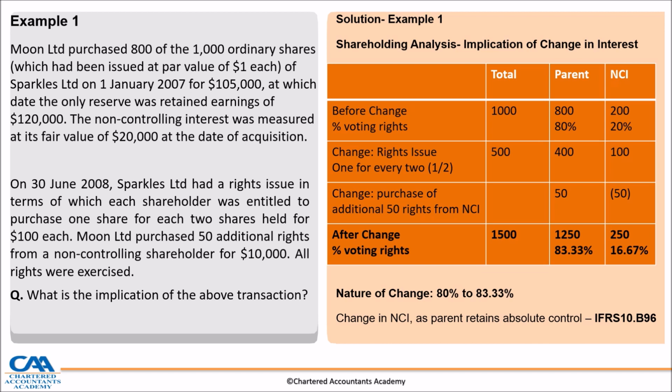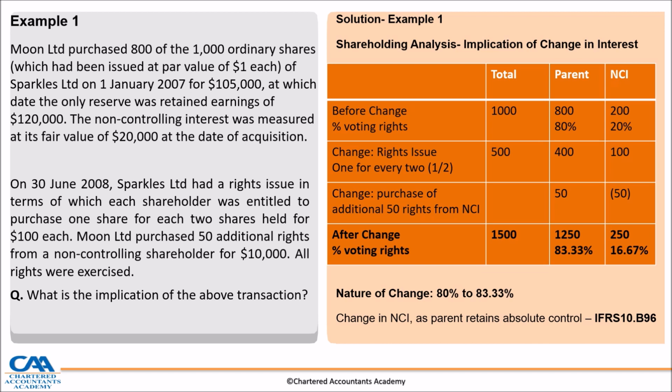But parent purchased an additional 50 rights from NCI, which means NCI goes down and parent adds. Eventually, parent has got 1,250, whereas NCI is only 250. If we recalculate our percentage voting rights after, parent has got 83.33% from 80%, whereas NCI has 16.67% from 20%.